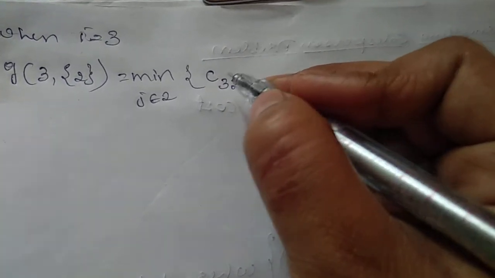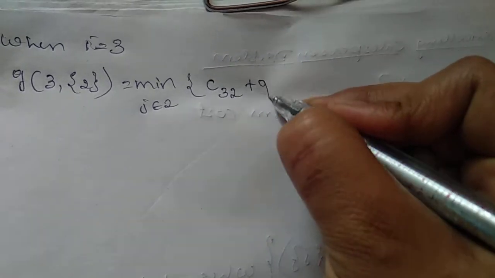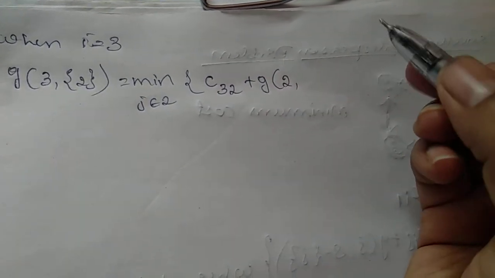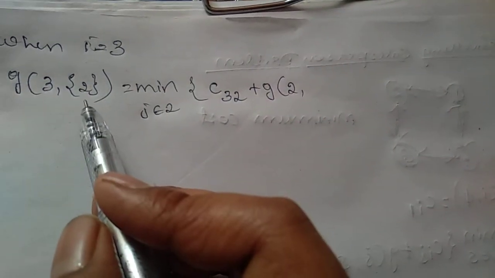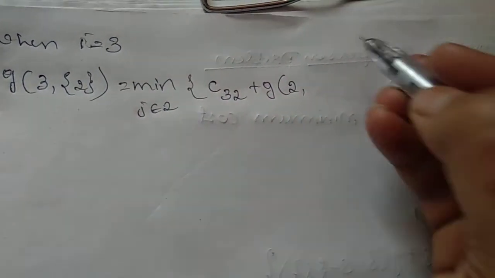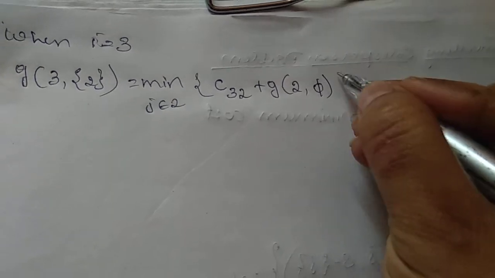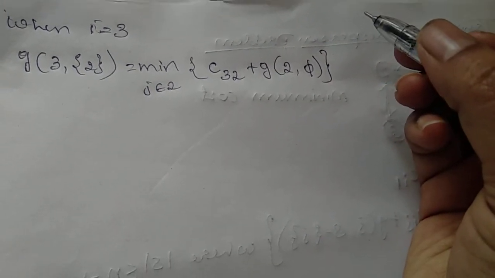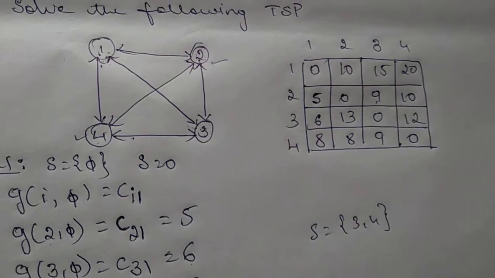C of 3, 2 plus g of j, j is 2, S minus j, S is also 2 and j is also 2. 2 minus 2 is 5. C of 3, 2, what is the cost?